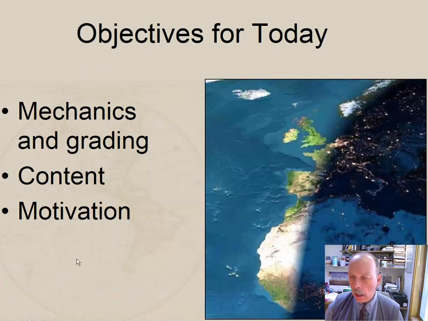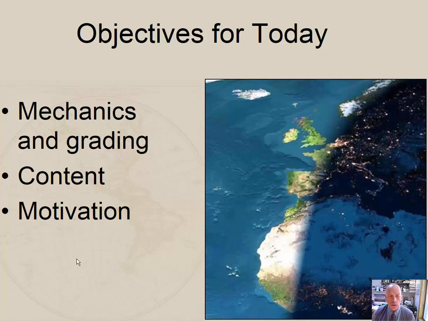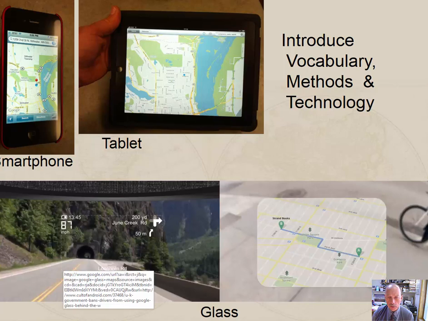Now, the purpose of this video today is to talk a little bit about mechanics and grading and a little about contents and motivation. Most of you have been encountering spatial data for a long time, perhaps through your smartphone, the Apple Maps and the Google Maps and those types of things that have introduced many people to maps, and maybe you've seen some of the virtual reality maps and some of those options.